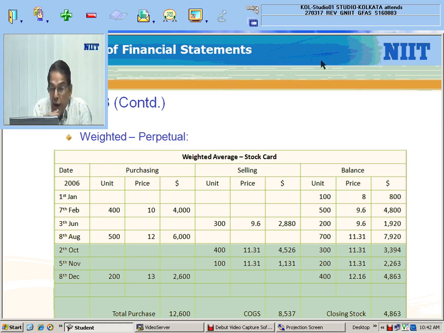But on the whole, from the card, when you ultimately look at the column total, your total purchase is 12,600. Your cost of goods sold is the same, 8,537. Your closing stock is 4,863. That calculation will not differ.